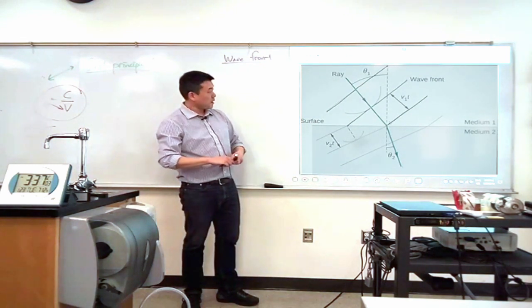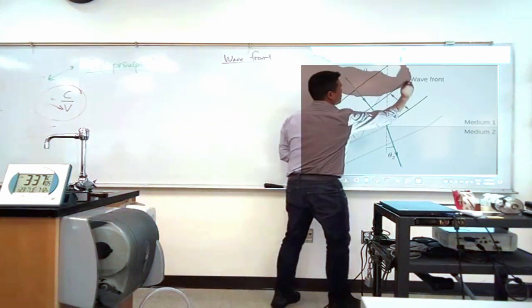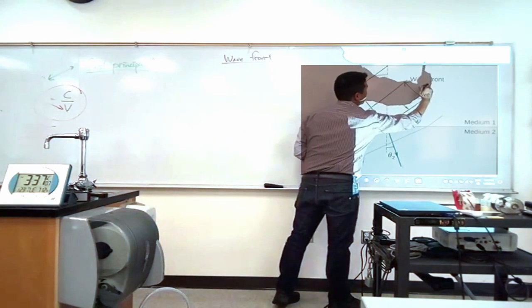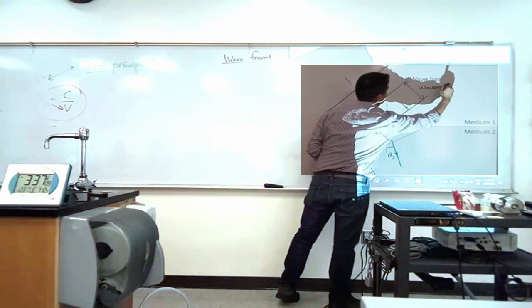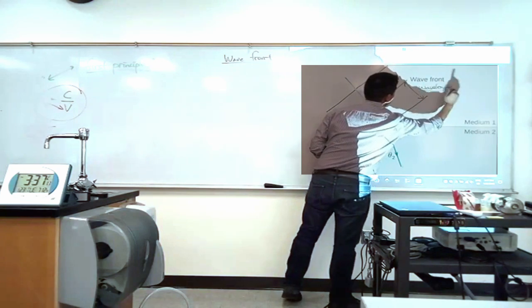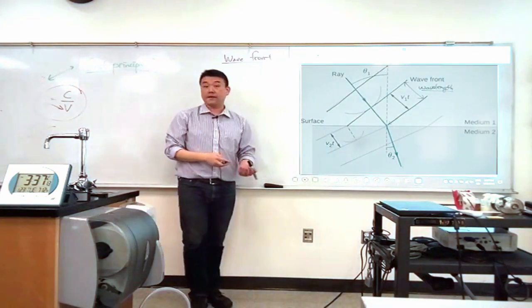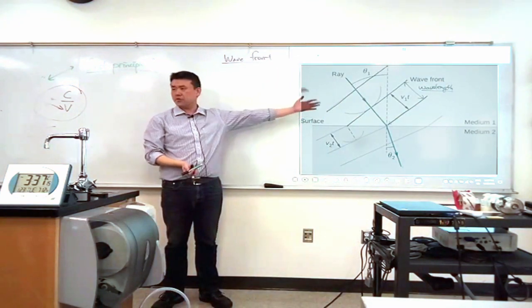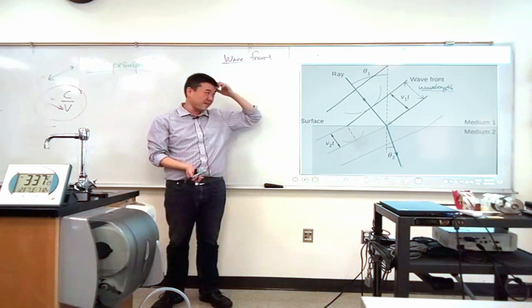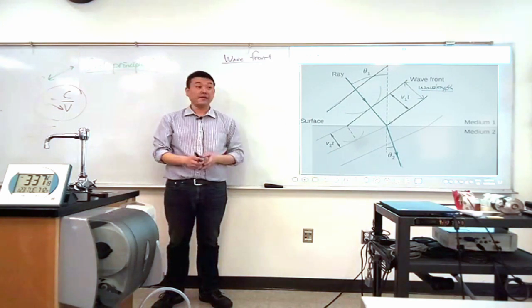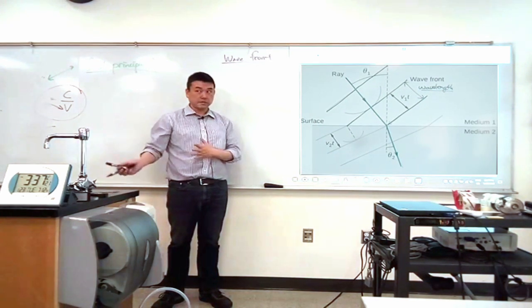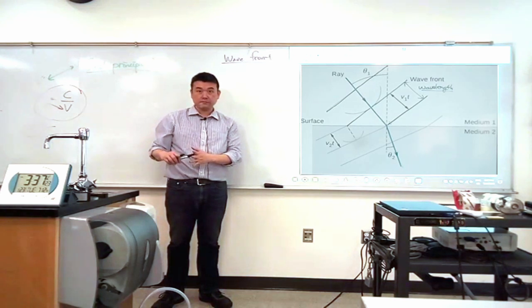Right? So this spacing between these two, that's what we call wavelength. So it's an illustration of wavelength in a way that maybe you haven't seen before. I don't think I covered this when we did physics 4A. But this makes sense in terms of diagram? Yes?